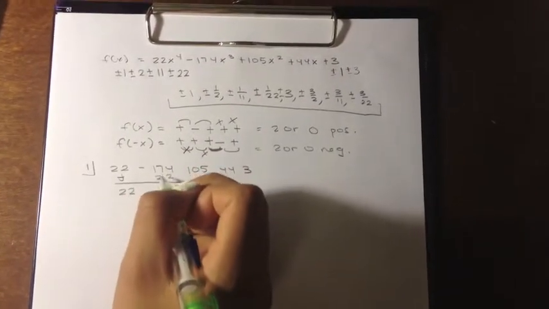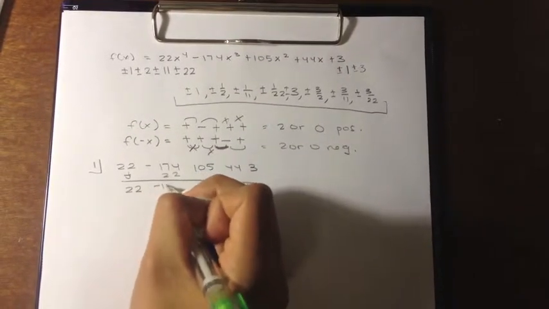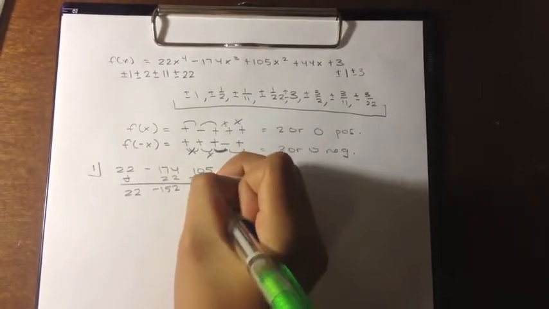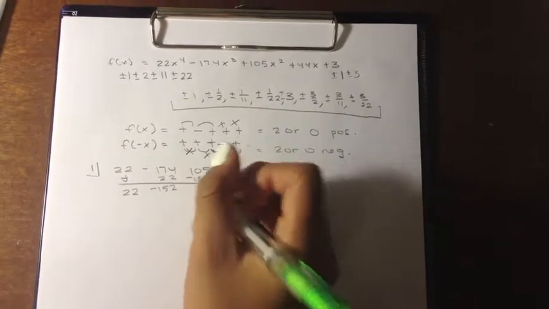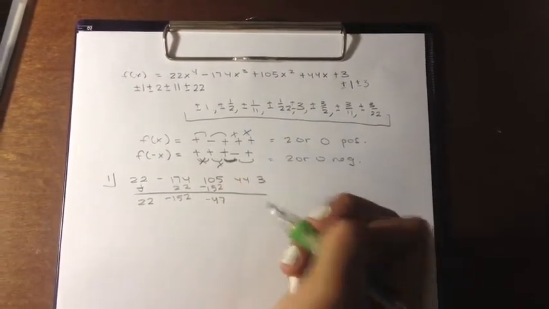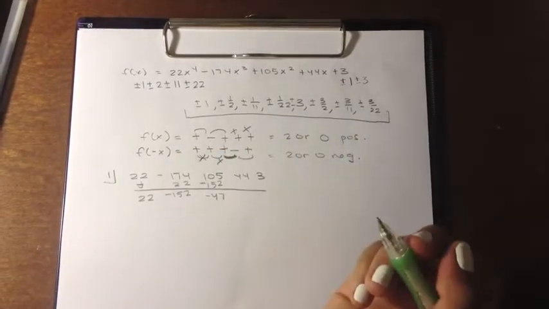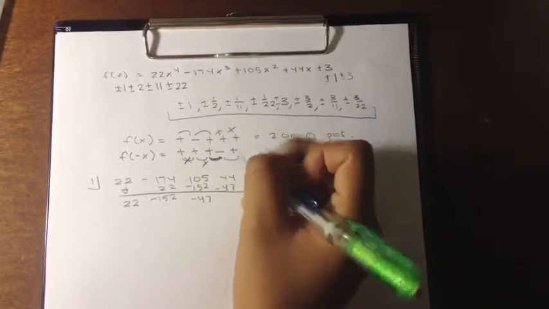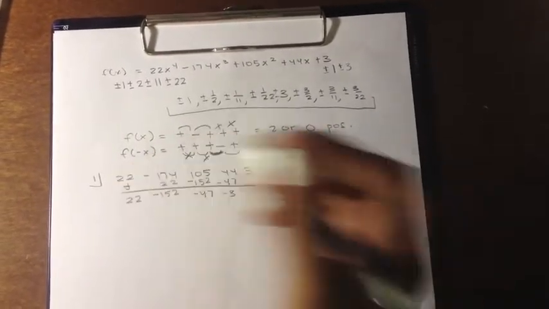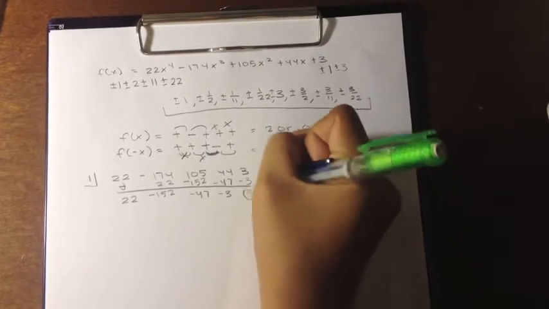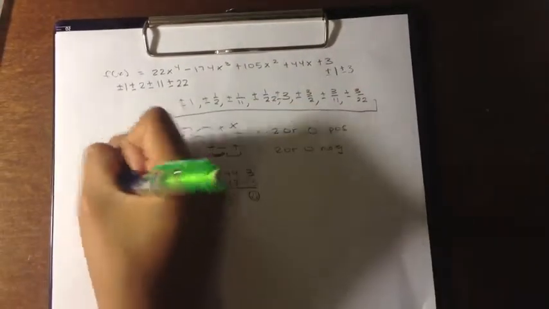Negative 174 plus 22 equals negative 152. Negative 152 times 1 equals negative 152. 105 minus 152 equals negative 47. Negative 47 times 1 is negative 47. 44 minus 47 equals negative 3. And negative 3 times 1 equals negative 3. And 3 minus 3 equals 0. So we found a 0 here.